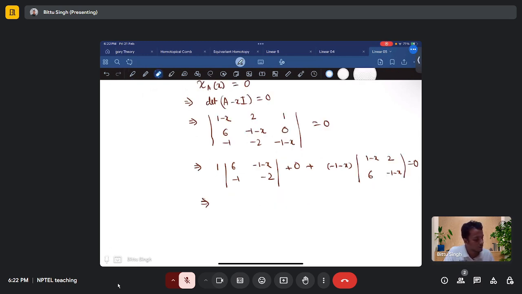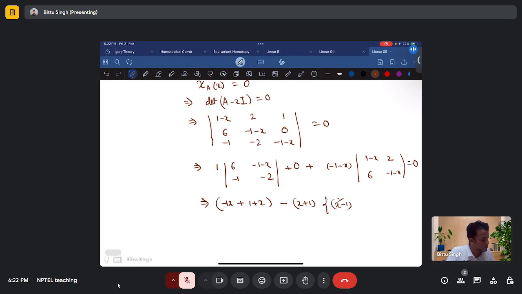Now this is same as minus 12 plus 1 plus x minus x plus 1 times, so here we have x minus 1 whole square x square minus 1, because those are in opposite sign, minus 12.